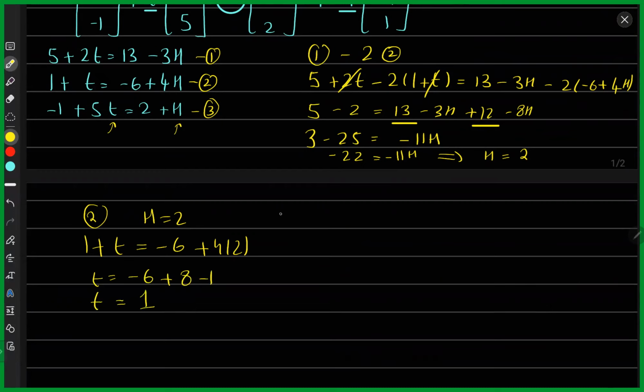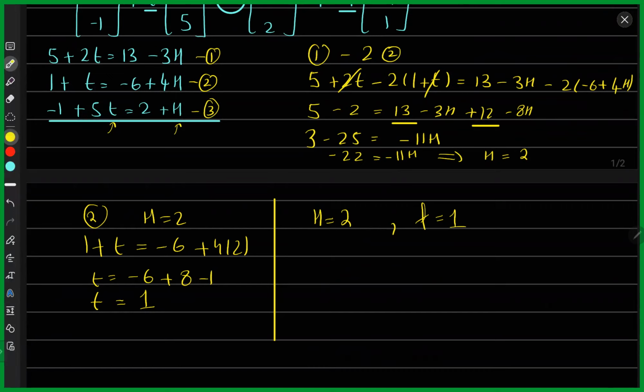So what do we have now? We got mu equals 2 and t equals 1, and we need to check if equation 3 is satisfied. If equation 3 is satisfied, the two lines are intersecting. If not, the two lines are skew.